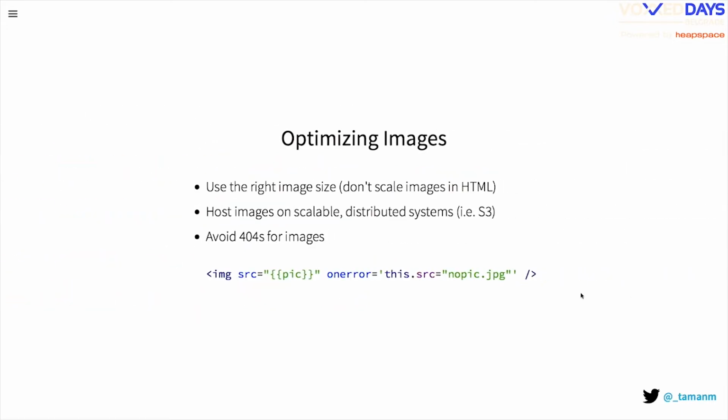Another tweak is that you have to use the right size. Sometimes I find people who have a 1000 by 1000 picture and use it and scale it down in the HTML. Imagine it's 1 meg. You scale it, it's 1 meg. You scale it in another place, it's 1 meg. It gets transferred as 1 meg each time. No, scale it down.